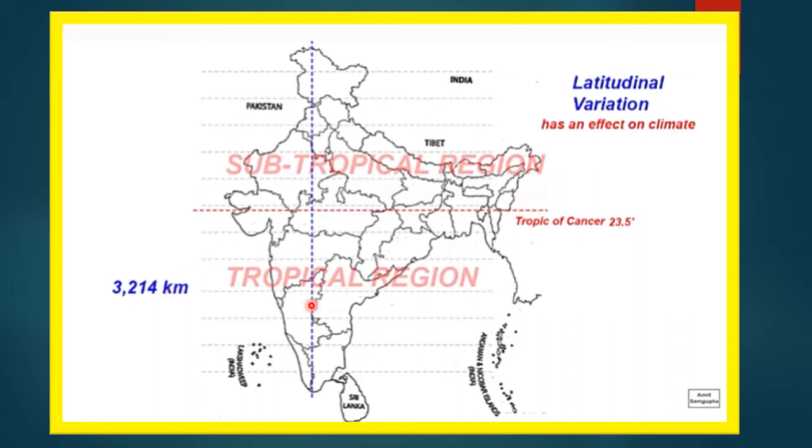The climate varies from the warm Kerala to the cold Kashmir. It is important to understand this latitudinal extent when we talk about the variety of natural vegetation that exists in our country.